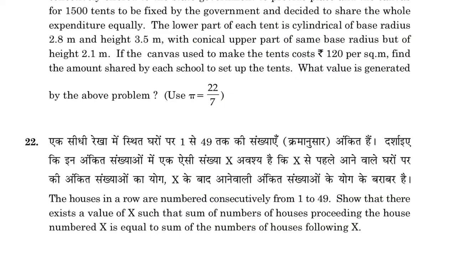Question number 22. In this question we have 49 houses in a row. So they are numbered 1, 2, 3, 4, 5 and so on up to 48, 49.